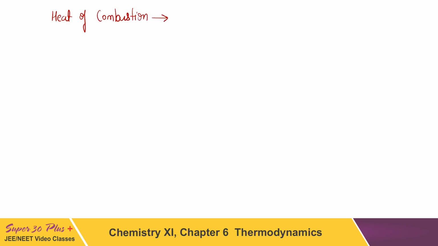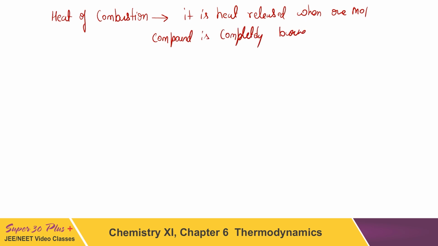Now another is heat of combustion. What do you understand by heat of combustion? Yes, it is heat released when 1 mole of a compound is completely burned in the presence of oxygen. Now the point is, what do you mean by complete combustion?